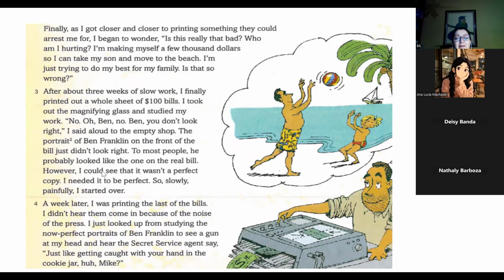Okay, what happened then? Natalie, what happened in paragraph 4? He's printing the bills. I don't hear what the other people are doing. And what are the other people doing? Who are the other people?